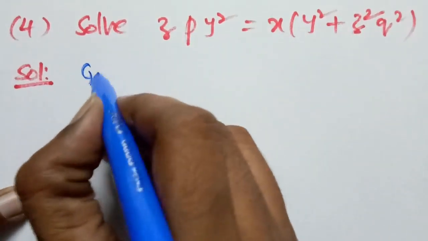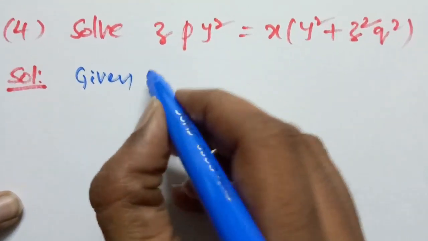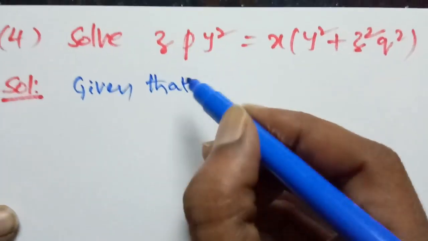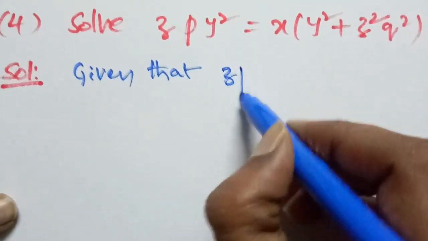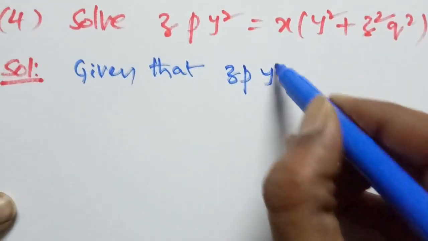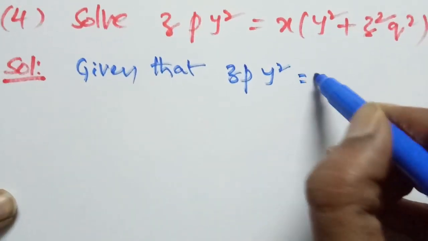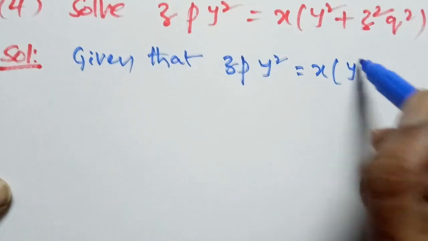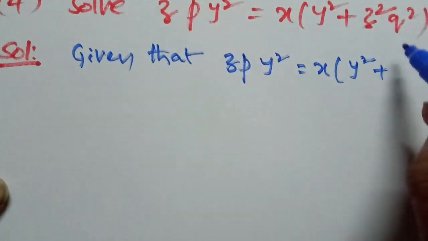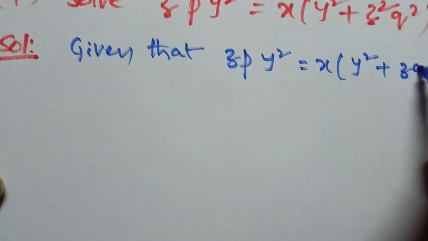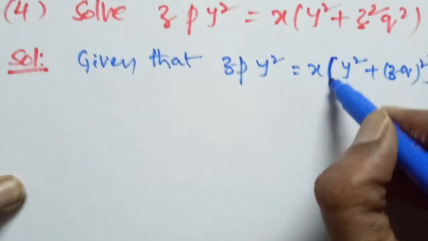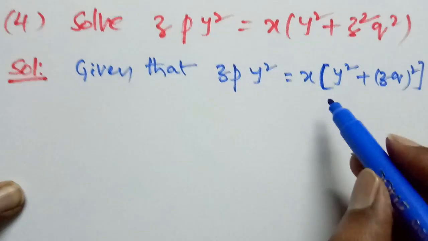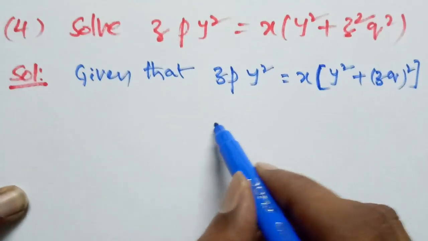Given that z into p into y square is equal to x into y square plus z into q whole square. Say this is equation number 1.